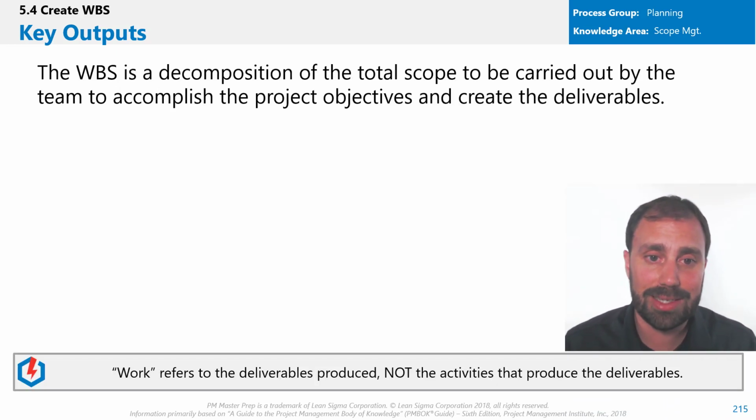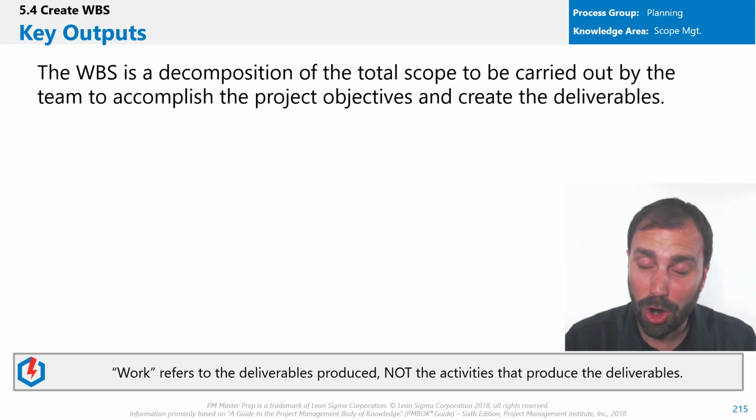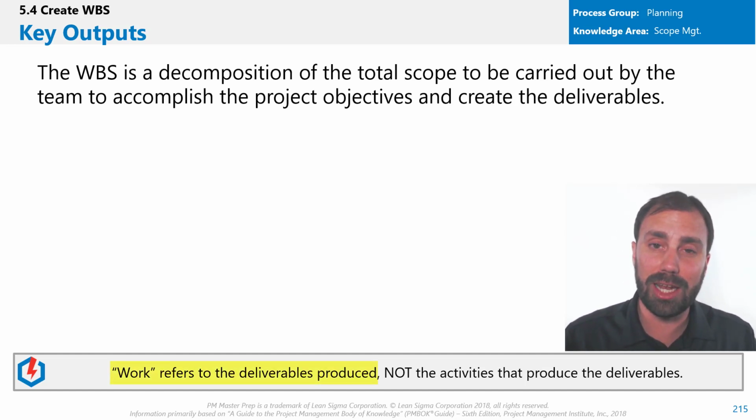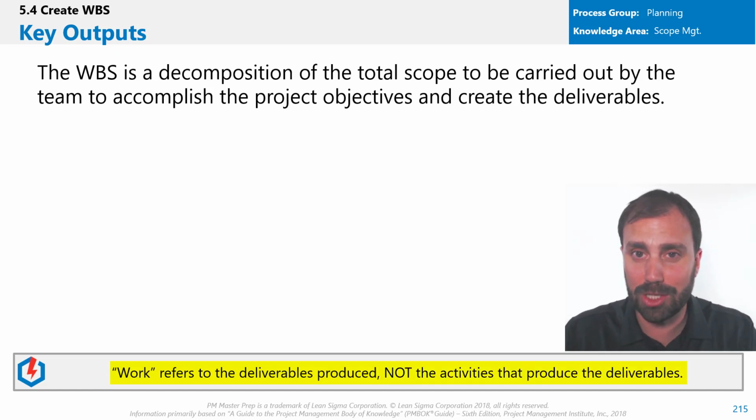The WBS is the decomposition of the total scope to be carried out by the team to accomplish the project objectives and create the deliverables. Before we go further, I've got to pause and talk to you about what work means in the PMP or PMBOK sense. When I say work, like work breakdown structure, work refers to the deliverables produced, not the activities that produce the deliverables.